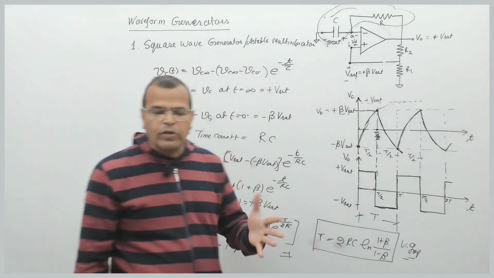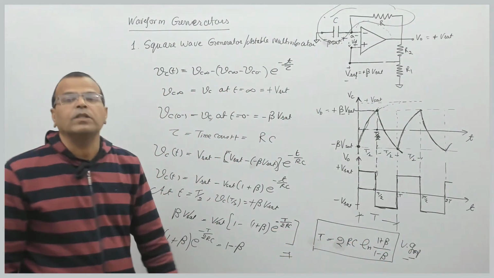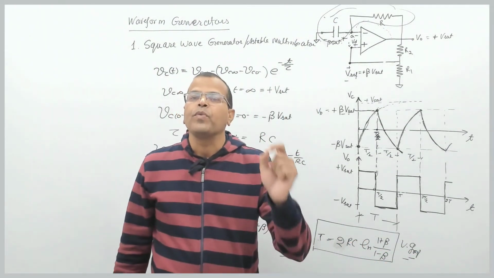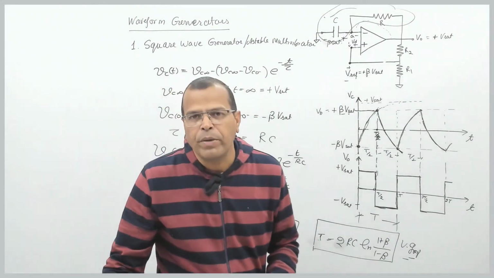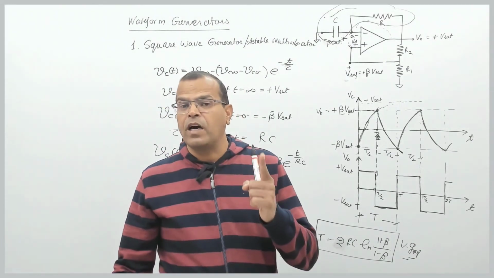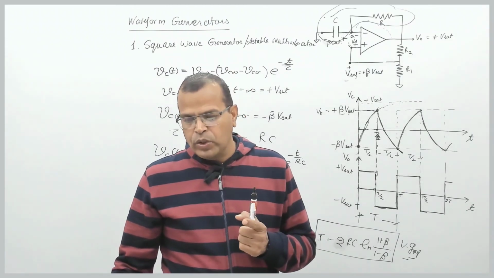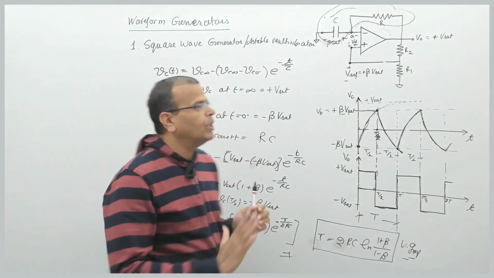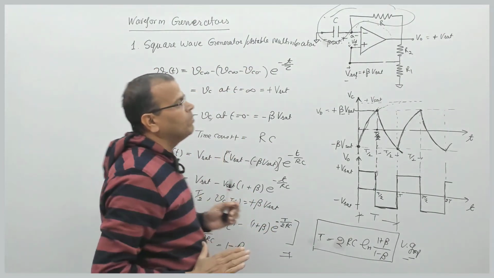You will have a lot of questions. There can be many questions based on this expression, that is 2RC ln (1 plus beta) upon (1 minus beta), where beta is the feedback factor, that is R1 by R1 plus R2, right? So that finishes your astable multivibrator.